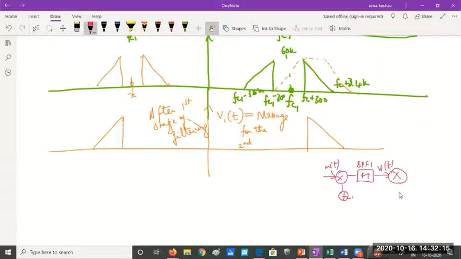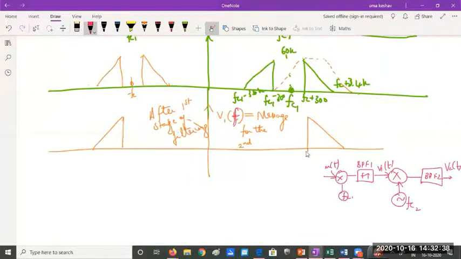It passes to the second product modulator. Here I have the frequency FC2, and I have the second band pass filter to get the final output V0 or V2.